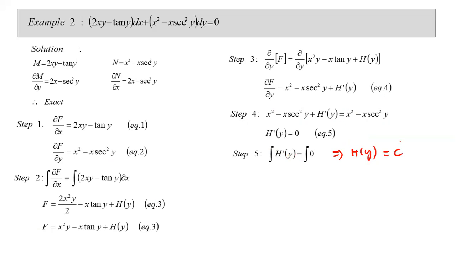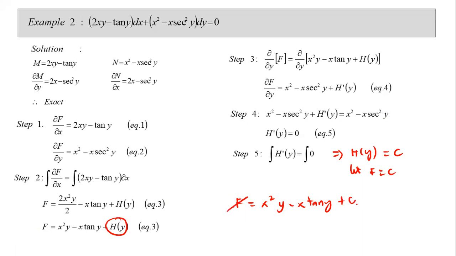And then step 6, we shall substitute this to equation 3. So you have f and then setting f equals c. All right. So you shall have f equals x squared y minus x tangent y. And then this h of y is equal to c. And then we shall replace this by another constant.